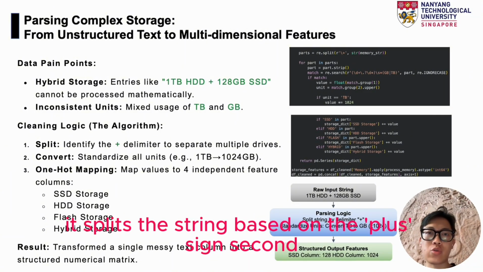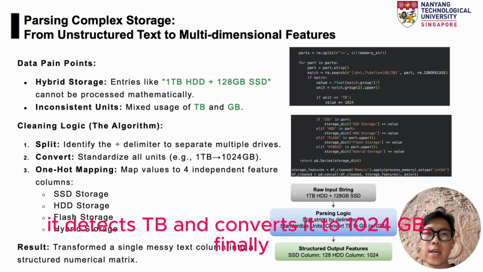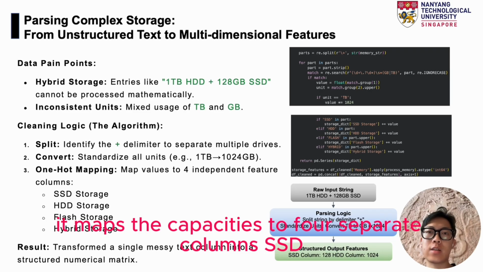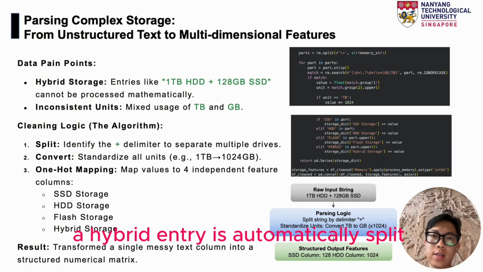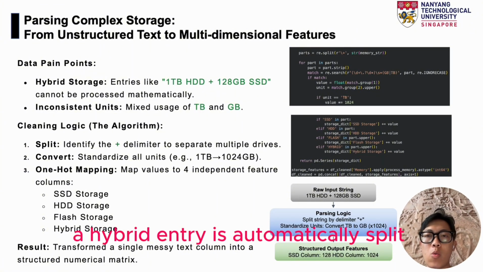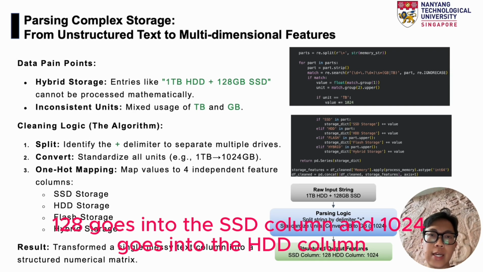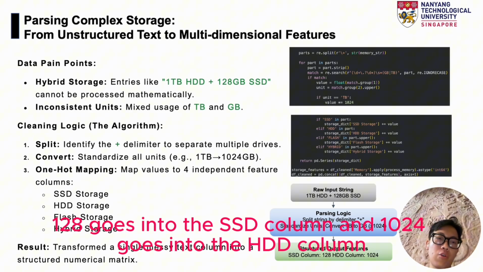Firstly, it splits the stream based on the plus sign. Second, it detects TB and converts it to 1024 GB. Finally, it maps the capacities to 4 separate columns: SSD, HDD, flash, and hybrid. For example, a hybrid entry is automatically split. 128 goes into the SSD column, and 1024 goes into the HDD column.